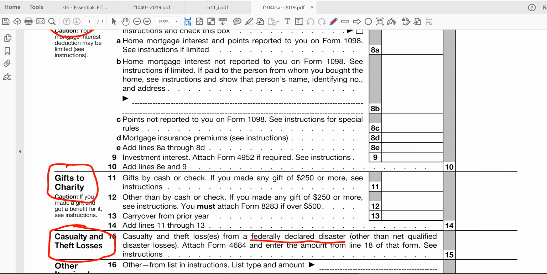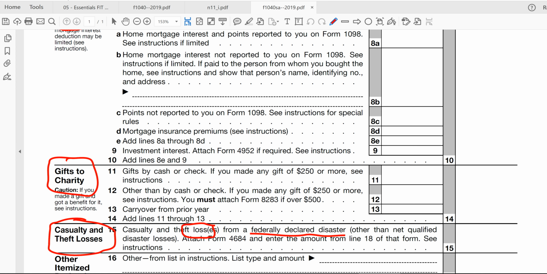And again, it has to be declared a disaster by the president to be able to deduct something over here. And that loss is after any insurance proceeds. And you also have to reduce it possibly by 10% of the taxpayer's adjusted gross income. So for most people, even if they have a disaster, it may not be deductible.